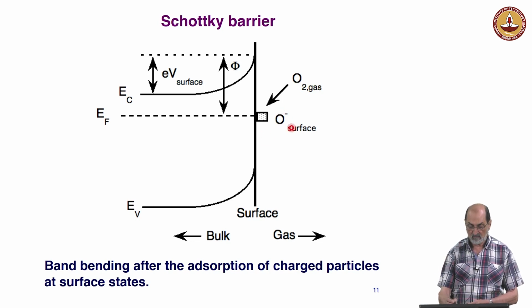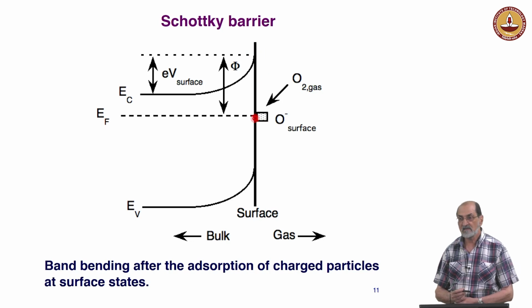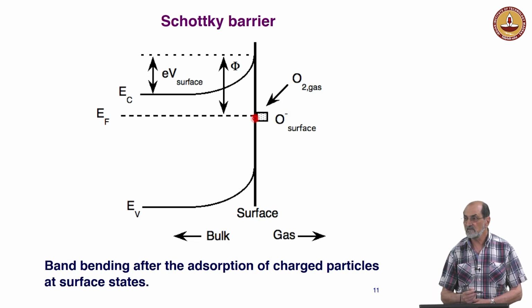The more oxygen we have on the surface, the Fermi level has to be lower, because if not, we're going to have too much charge on the surface. So to reach equilibrium, the distance between the bottom of the conduction band and the Fermi level has to increase. If that happens, the band bending increases. So what do we expect? The larger the pressure of oxygen, the higher the band bending. You understand that? That's the principle of how sensors work.